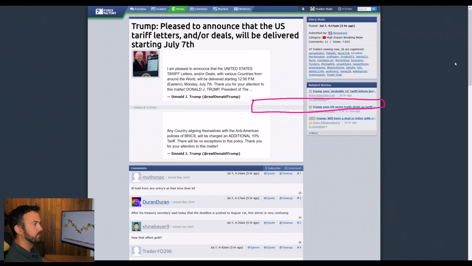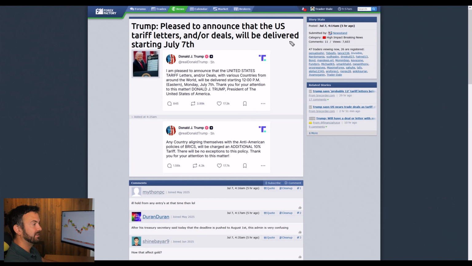Let me show you. It's about tariffs, and President Trump is saying that he'll make an announcement about tariffs at 12 p.m. Eastern. So be very, very careful about that. Don't place any intraday trades during this release, as I think that the markets will be volatile at that time.